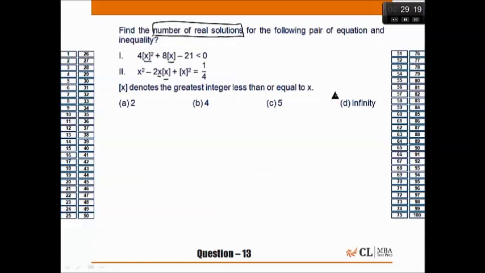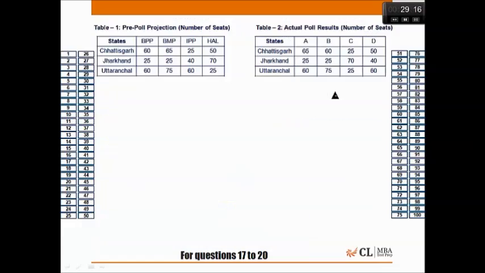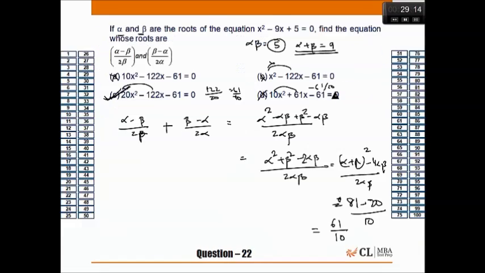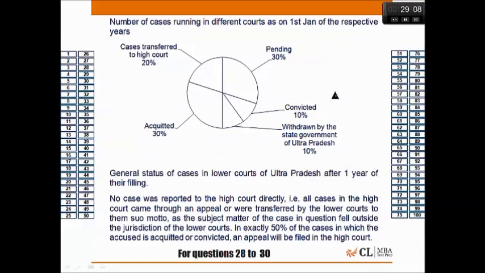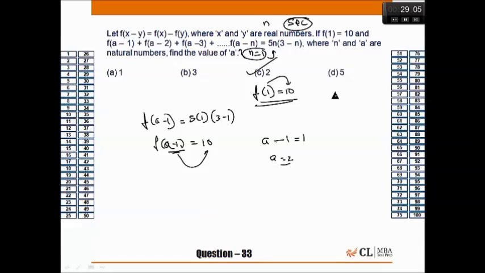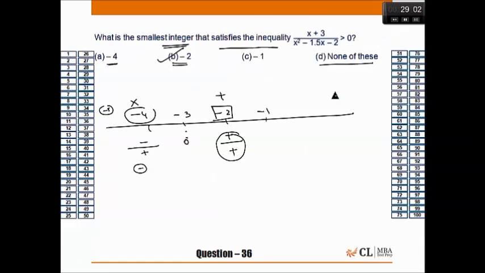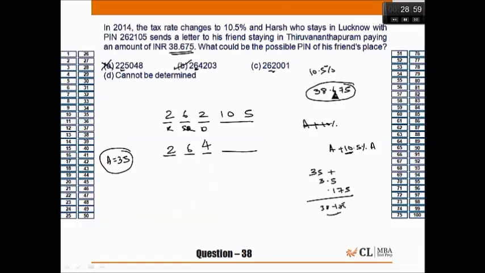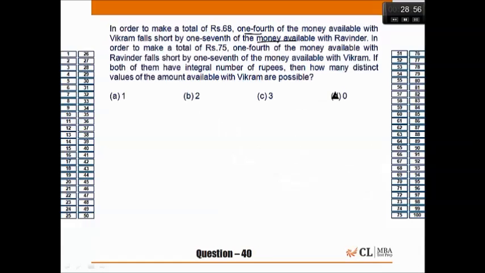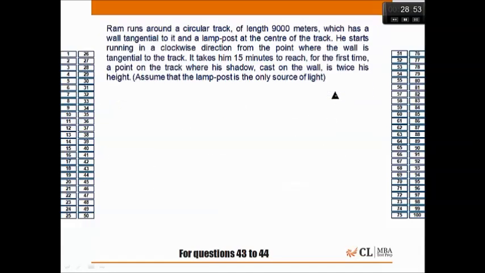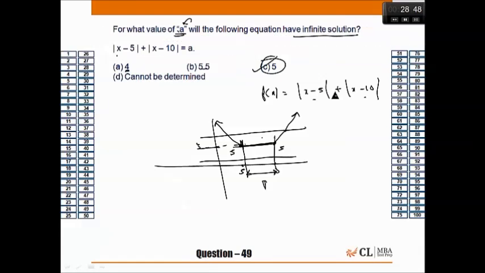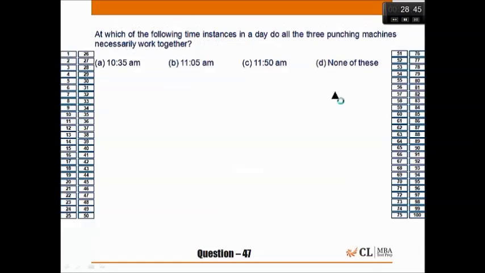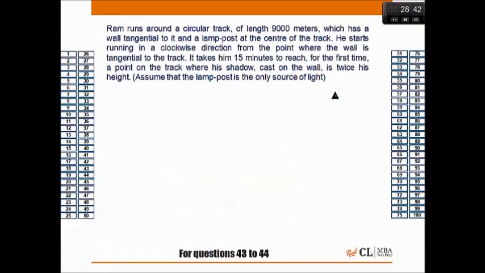We knocked out 10 and 12. So should I do this? Is there anything else that I didn't touch first? Okay, this is done. 43, 44.